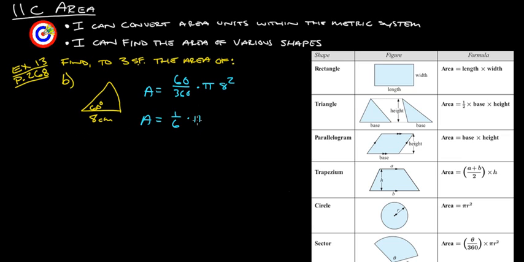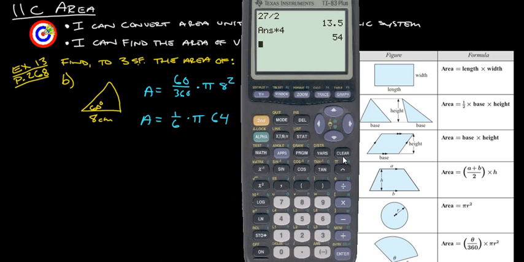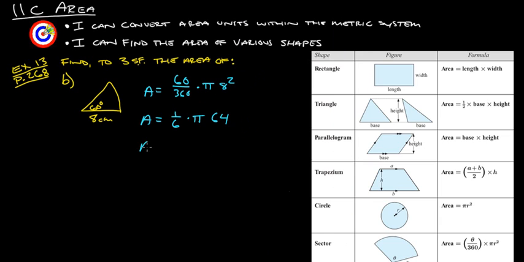Multiply that by pi times 64, and let's see what we get. 1 divided by 6 times pi times 64 gives us that the area is 33 point, to 3 significant figures, 1, 2, 3, so we get 33.5.